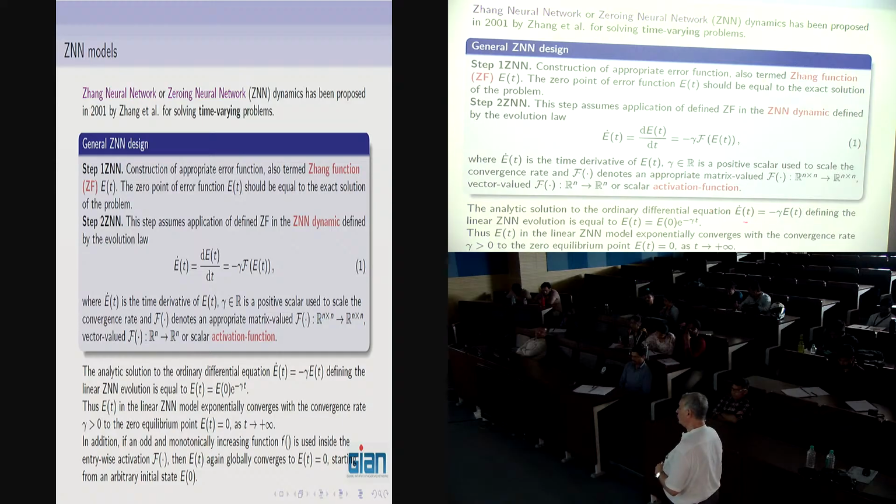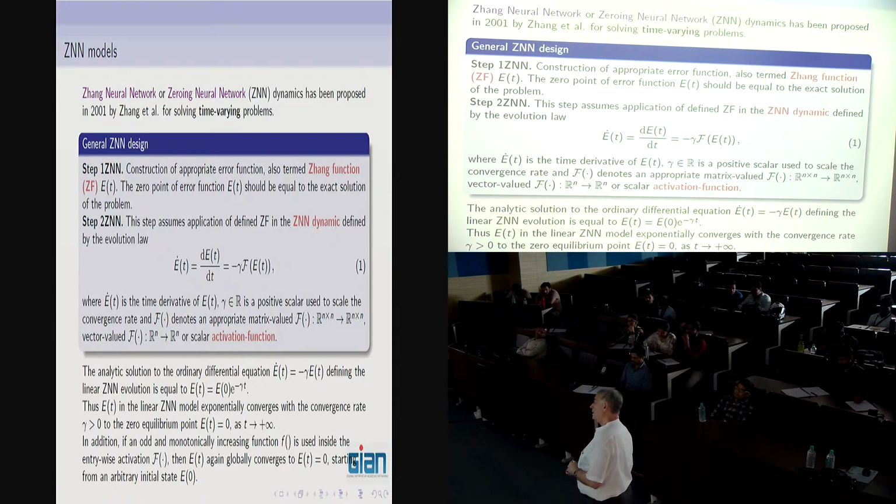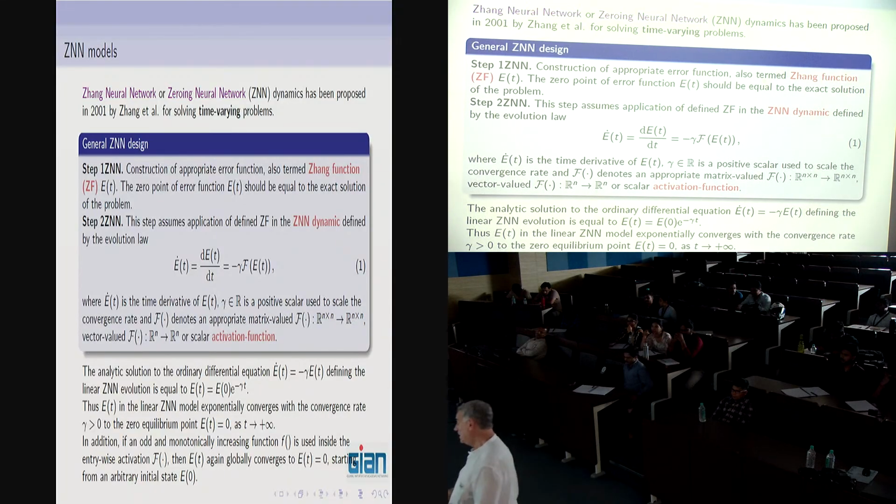It is not difficult to verify that the analytical solution of this system of ordinary differential equations is given in the following form: E of 0 times e to the power of minus gamma t. Again, we can see that the initial state is important. All is in the hands of the initial state.